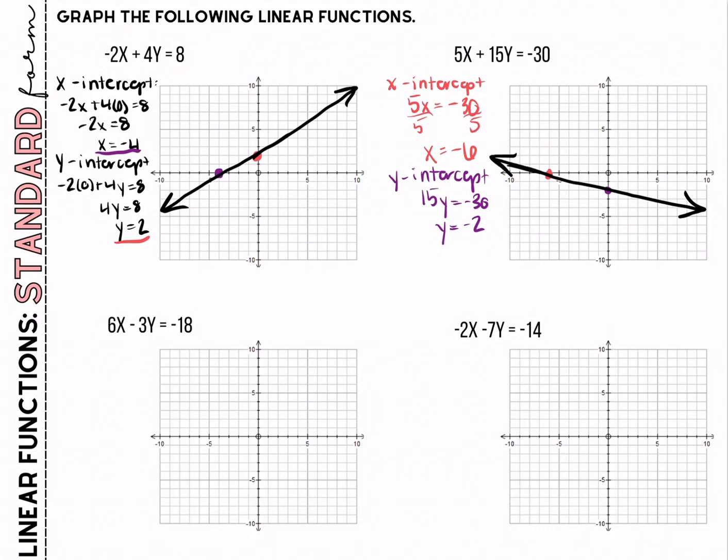Let's go to the next one. I'm going to find the x-intercept. I do y is 0, so then I have 6x equals negative 18, so x is negative 3. Then I want to find the y-intercept.